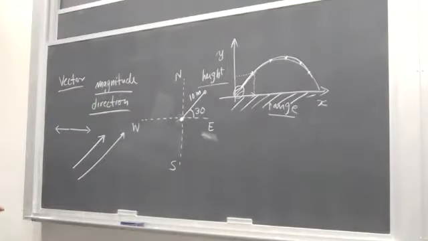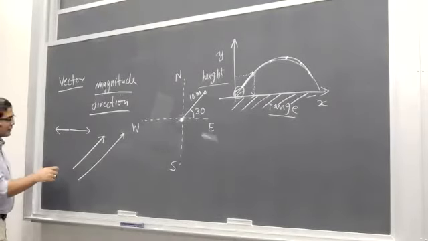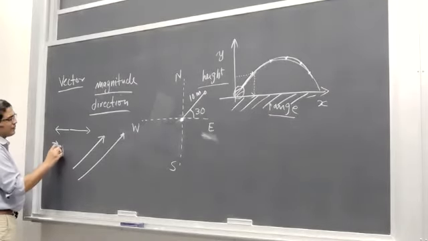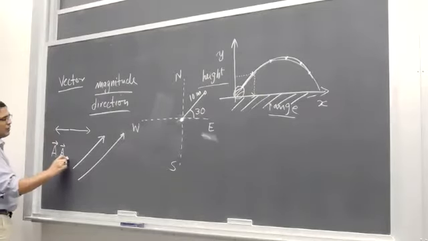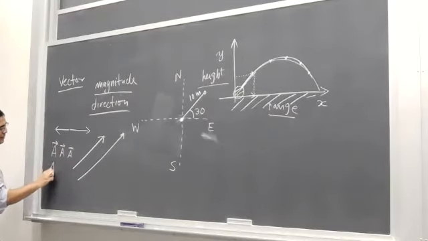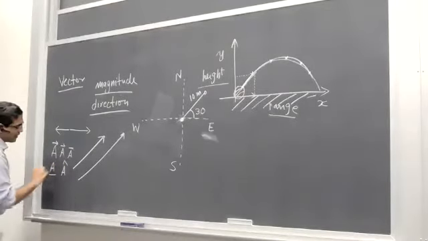Symbolically, in most textbooks, you would see a vector represented with a bold face, but I cannot draw bold face on the blackboard. So on the blackboard and in some old books, you will find, for example, a vector being noted with an arrow on top, or a half arrow, or sometimes a bar, or sometimes an underline, and there are probably other conventions, for example, a hat as well.